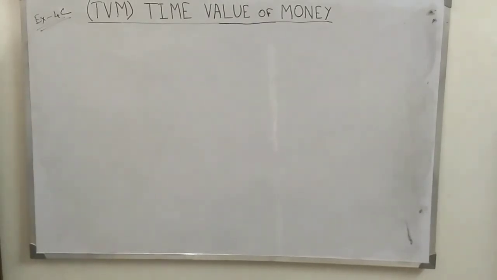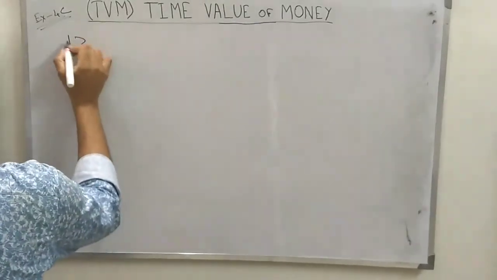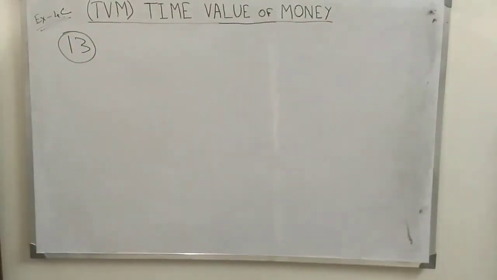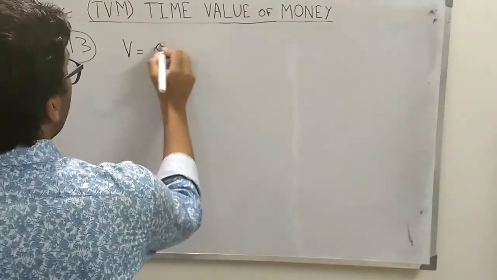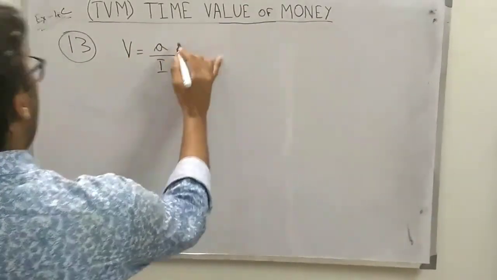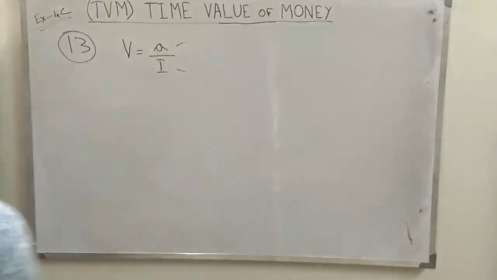Now question number 13. In question number 13, it is asked that a person desires to create a fund to be invested, see, this is an easy sum, because they have said to use the formula V is equal to A by i, find V. So using the formula V is equal to A by i, A is the annuity, i is the interest.